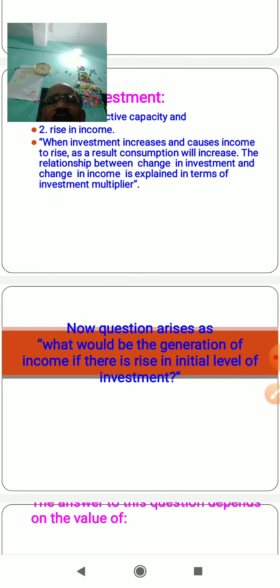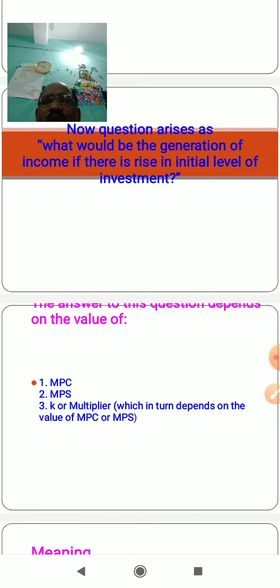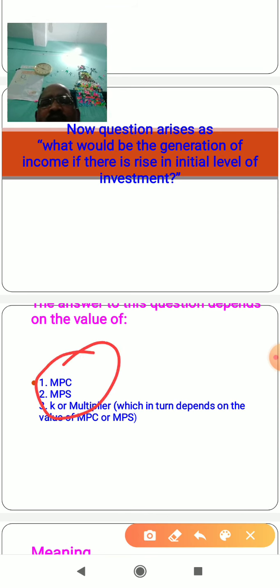Now the question arises: how much income will be generated if there is a rise in the initial level of investment? The answer depends on the value of MPC, MPS and the multiplier. Then what is MPC?